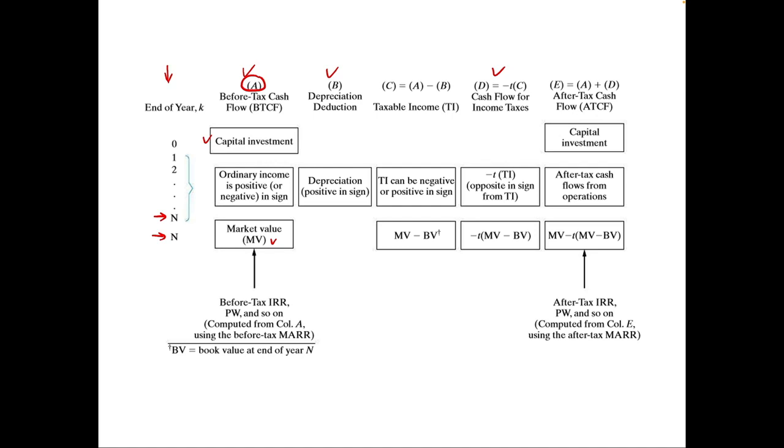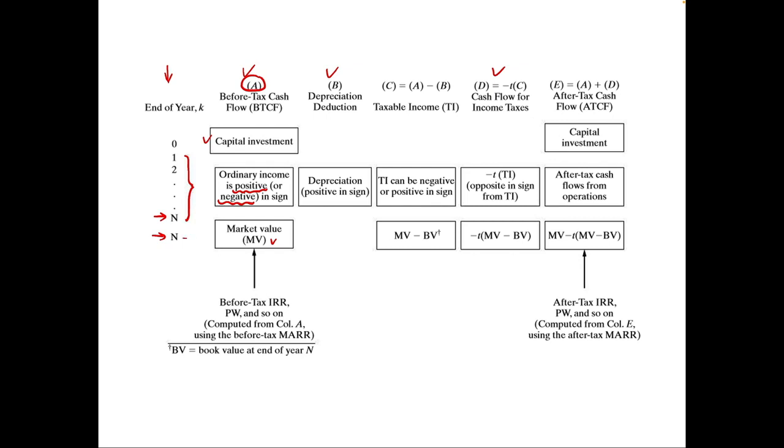And after that, from year 1 to year N, you will have some ordinary income or operation expenses. So it could be positive, it could be negative. That's all the net cash flow that occurs in every year, okay?